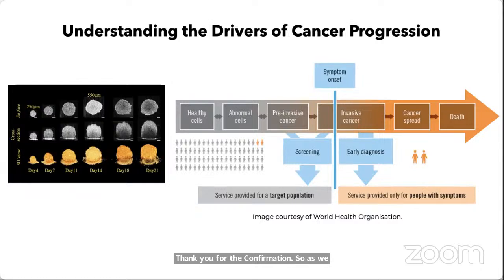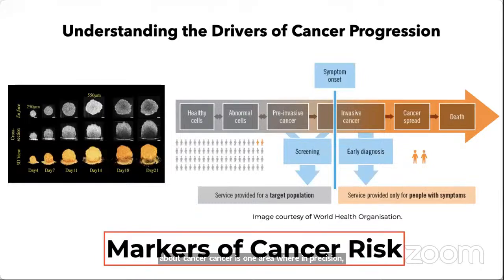So as we already spoke about cancer, cancer is one area wherein precision medicine seems to be making significant headway, right? And new therapies seek to target the specific cellular pathway that is being exploited by cancer, with a view to intervene in the tumorigenesis and the progression of this cancer or tumor. So there exists an urgent need to identify new biomarkers or novel signatures that will help us in early detection and prognosis.